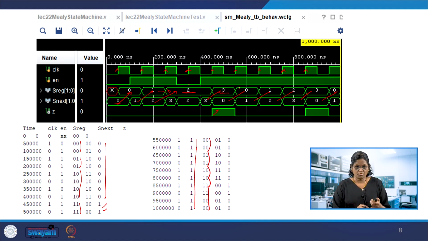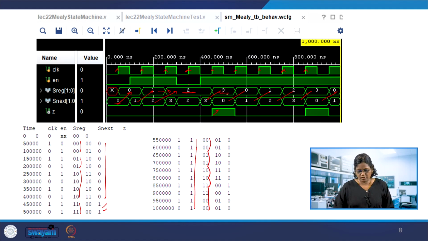We had taken the Moore state machine and the Mealy state machine, which have only 4 states, and it depends on the enable input. The enable input has an impact on the state, deciding the output.